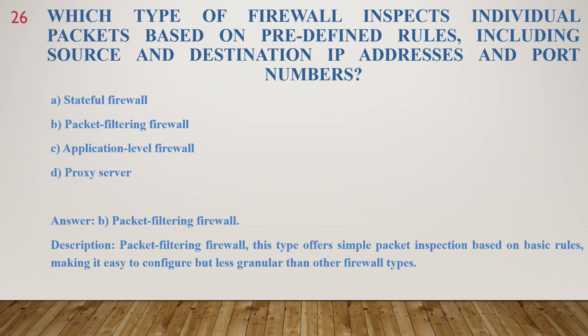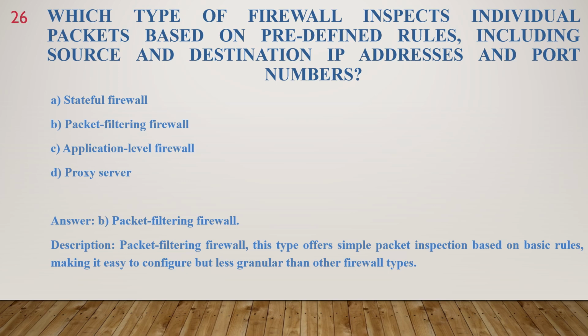Stateful firewalls. Instead of individual packets, they analyze the entire connection state, including initiation, data transfer, and termination, and make decisions based on predefined rules. Application-level firewalls. They go beyond packet headers and inspect the actual data within the payload, allowing them to filter based on application protocols and content. Proxy servers.